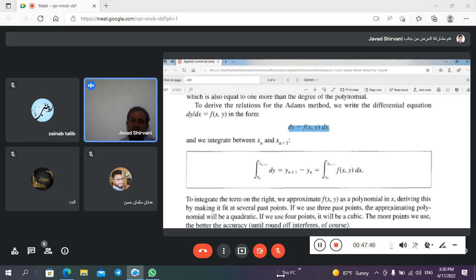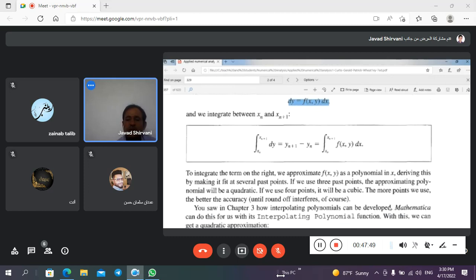We want to use this formula to obtain the Adams approach.